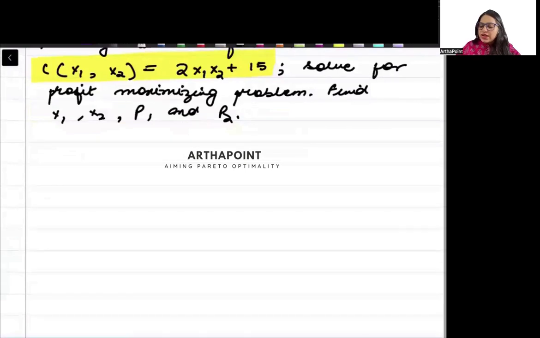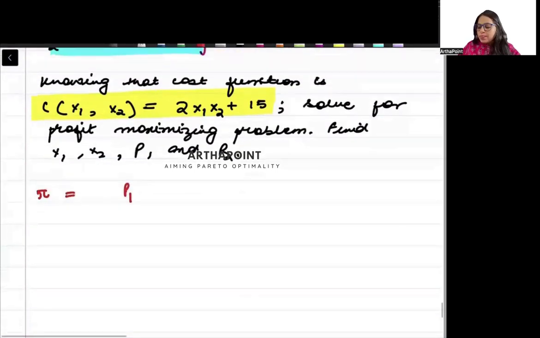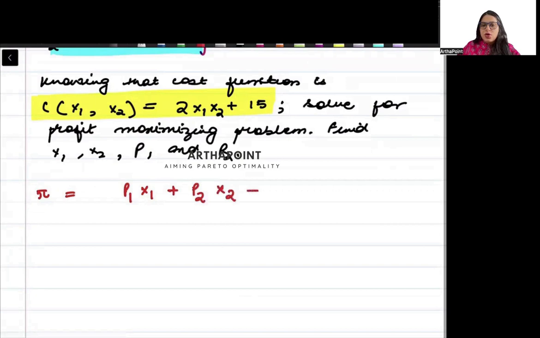Okay, let us go ahead and try to create a profit function now. So the profit function of the monopolist will be p1, price he sets in market 1, into the quantity he sells in market 1, plus p2, price of market 2 into quantity of market 2, minus his cost, right?